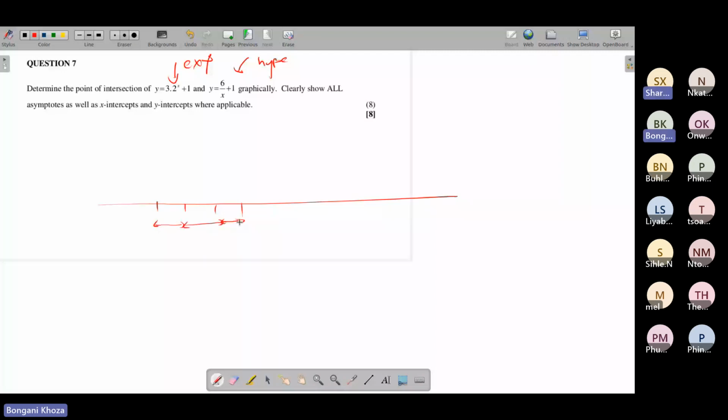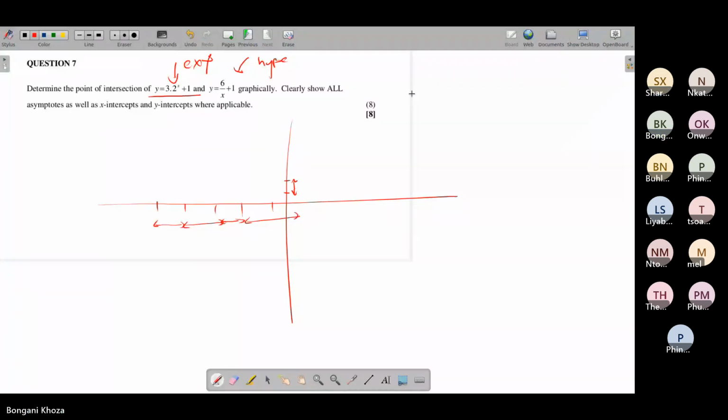So on your ruler, make sure these are 1 centimeter apart. Also the vertical line, the points over here have to be 1 centimeter apart, like that. Right. So firstly, you have to find your asymptotes. So x-intercept, not asymptotes. Let's do this.